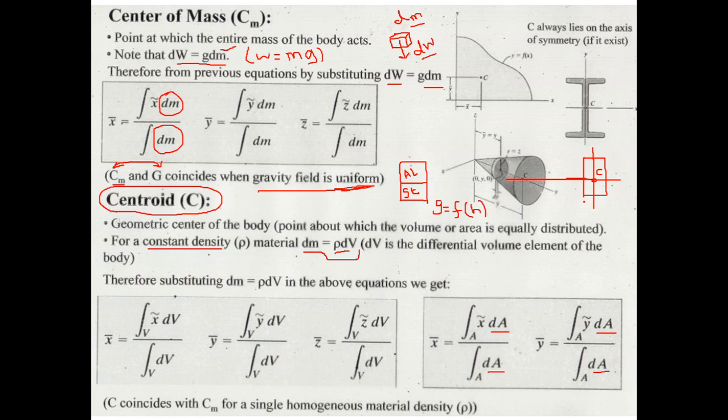But if this cylinder is made up of, let's say, two different materials, like this, the top portion is aluminum and the bottom portion is steel, then the centroid will still remain the geometric center of this shape, which is the cylinder. But the center of mass is going to shift towards the heavier material. So center of mass is going to come here, maybe here. So this will be the center of mass then.